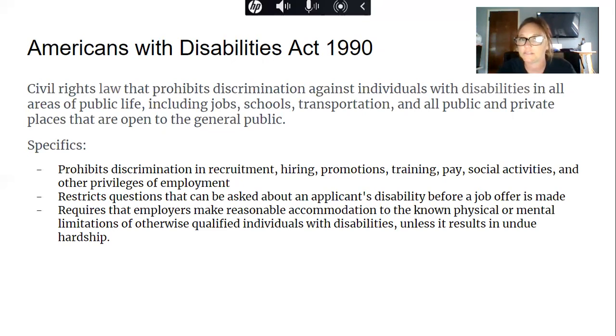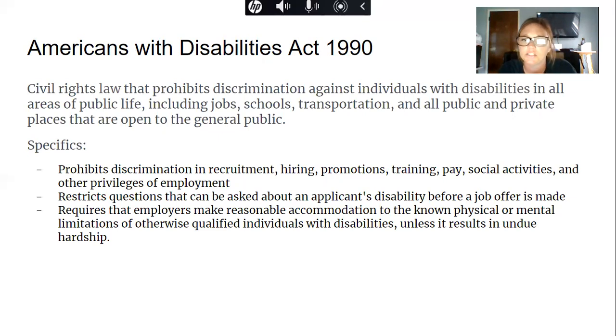And this is also what requires state governments to put handicap accessible ramps and restrooms and parking spaces in any kind of public areas. So this was pretty big.